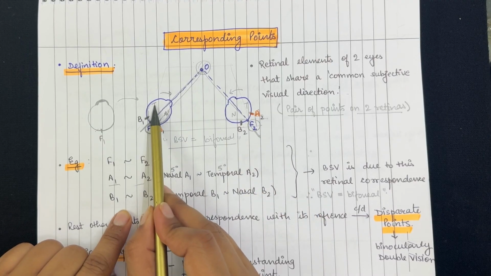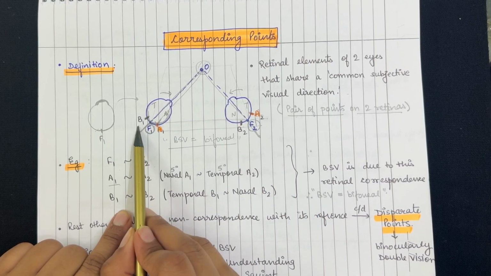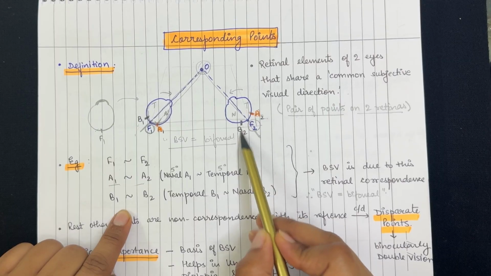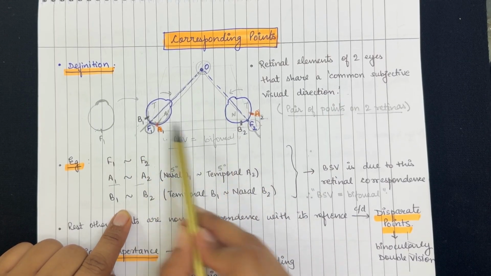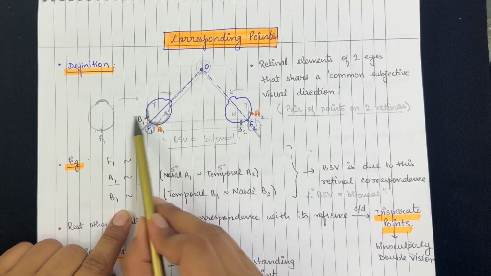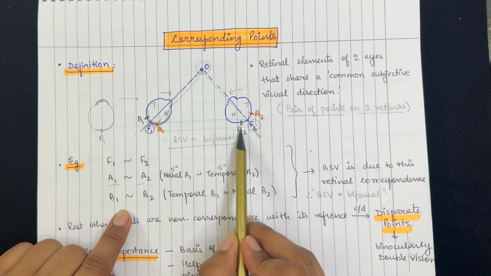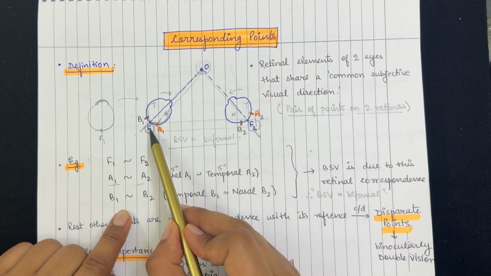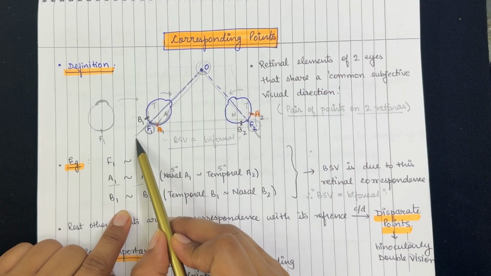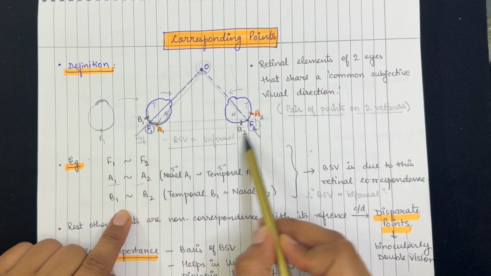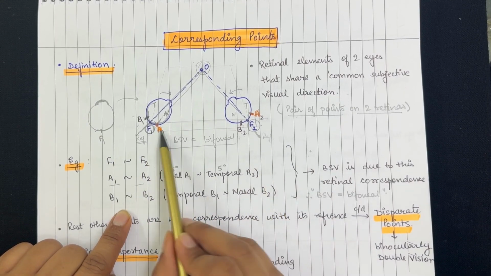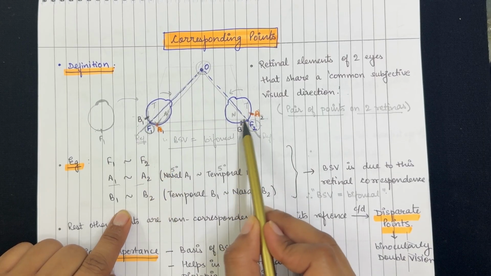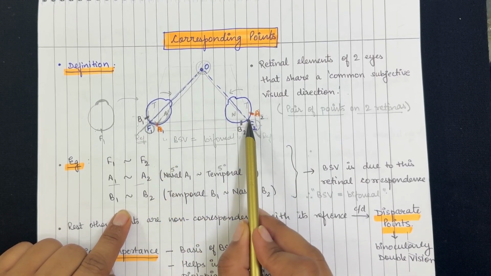Similarly, B1 on the temporal part and B2 on the nasal part are two corresponding points. These are very intrinsic corresponding points, and these determine the visual direction. The fovea we take as the reference point, and based on this we have multiple corresponding points in the two eyes.